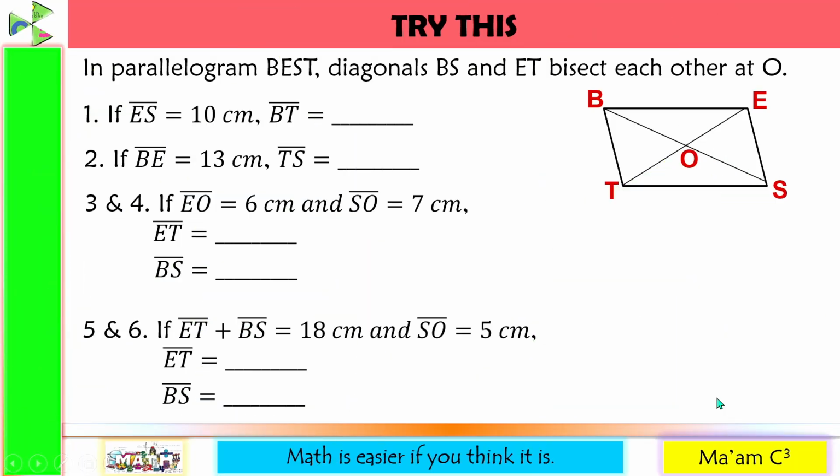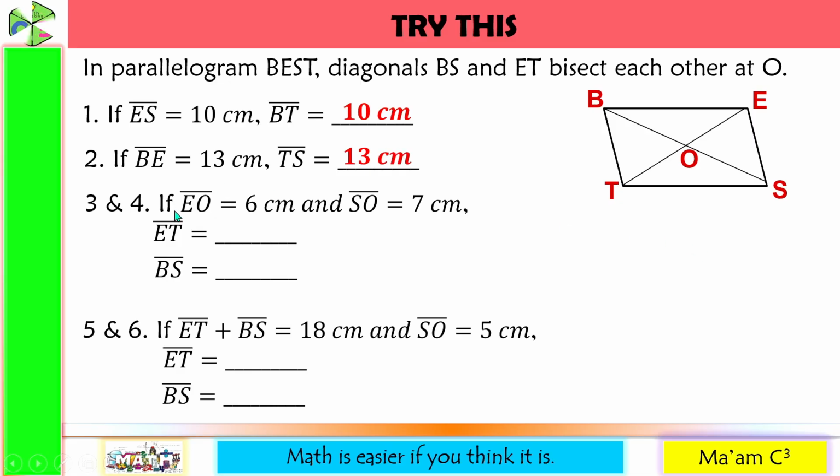Try this in parallelogram BEST. Diagonals BS and ET bisect each other at point O. Number 1, if line segment ES is 10 cm, then line segment BT is also 10 cm. Number 2, if line segment BE is 13 cm, then line segment TS is also 13 cm.